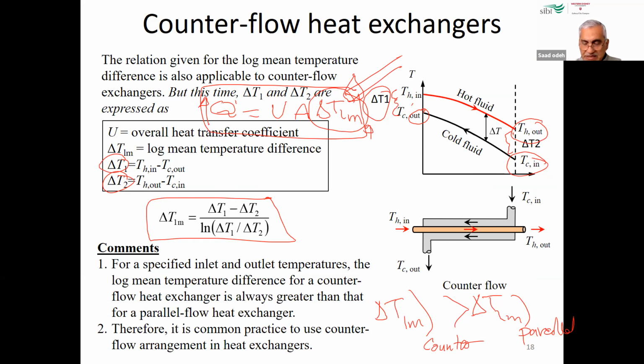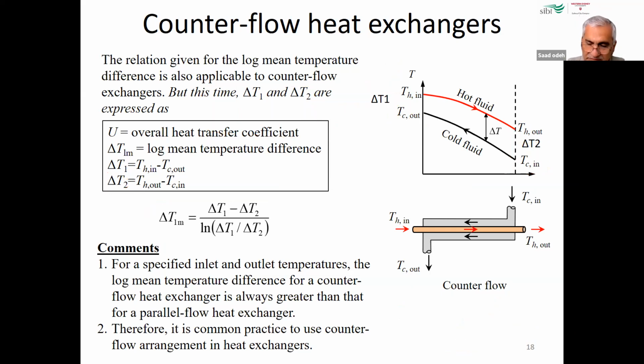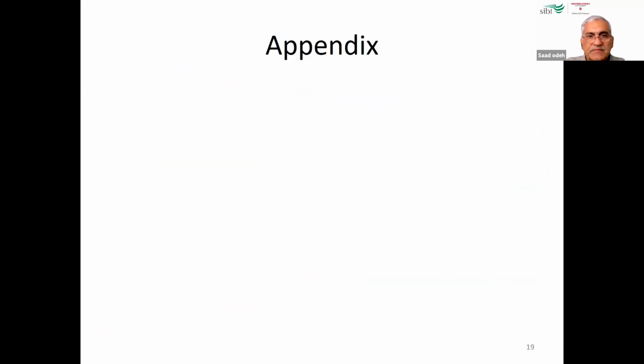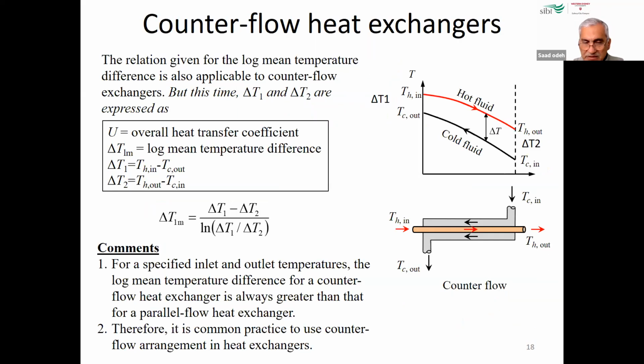So as a designer, you should always start with the counterflow design, because this will give you more heat transfer. So the heat transfer efficiency will be better, correct? In this case, because delta T_LM is higher in counterflow. Okay, any questions?